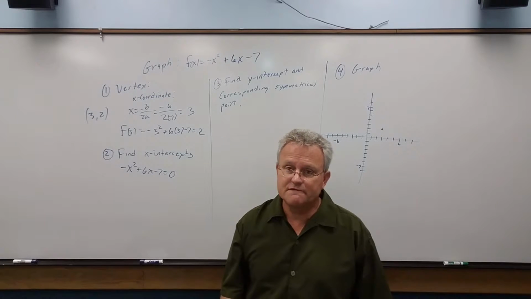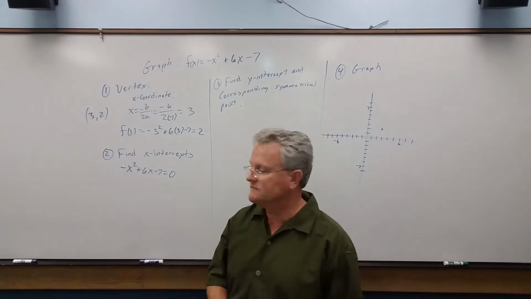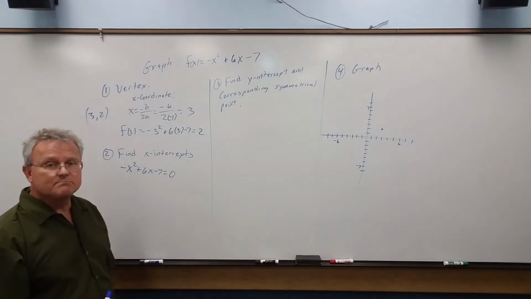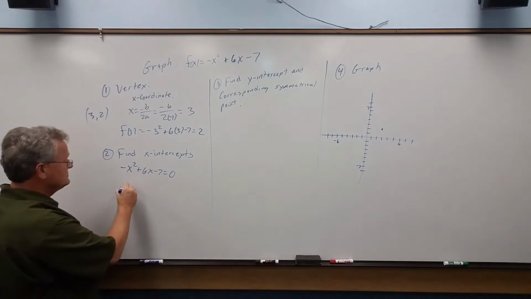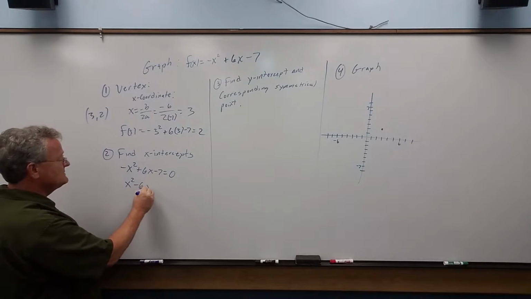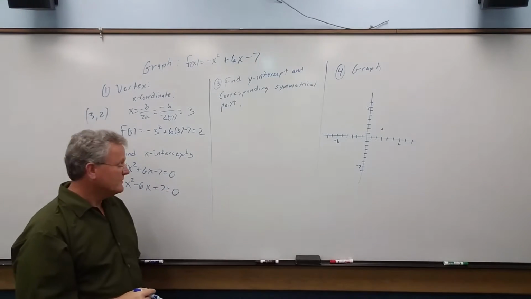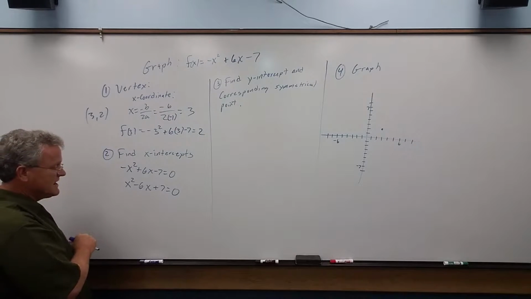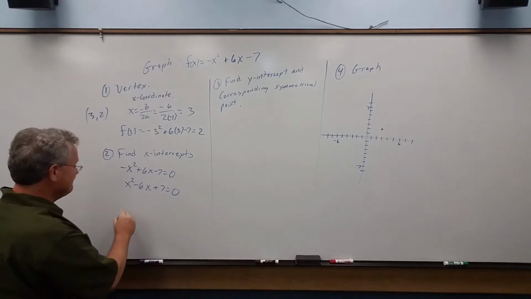Now I like to factor with the leading coefficient being positive, so I'm going to multiply both sides of this equation by negative 1. That just changes the signs. So we get x squared minus 6x plus 7 is equal to 0. This does not easily factor, so we use the quadratic formula.